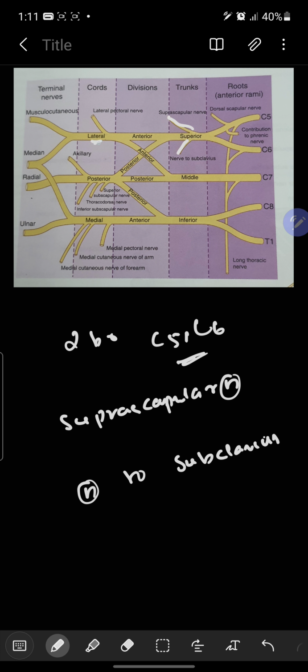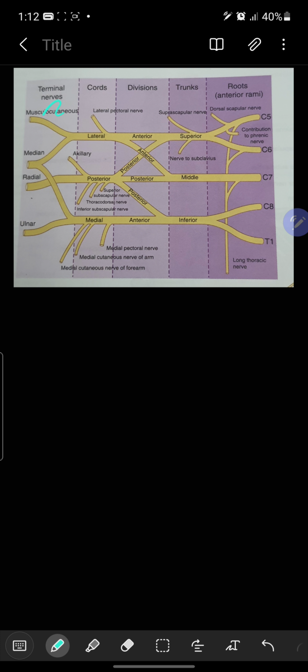The lateral chord continues to form the musculocutaneous nerve. The medial chord continues to form the ulnar nerve. The median nerve is formed by the lateral chord as well as the medial chord. The radial nerve is formed by the posterior chord.